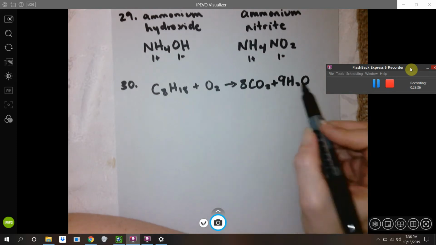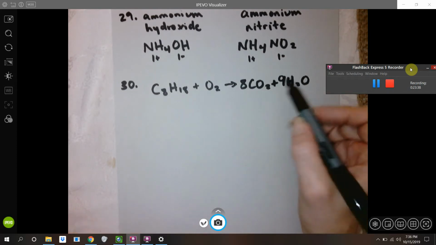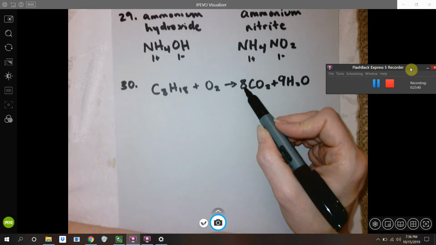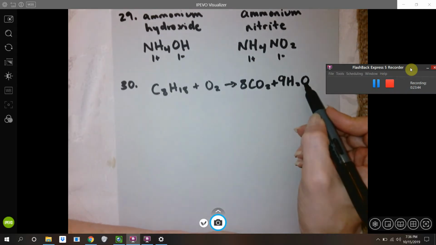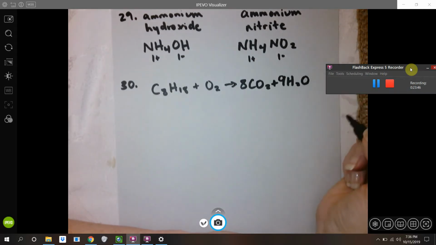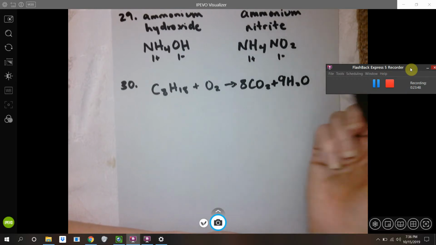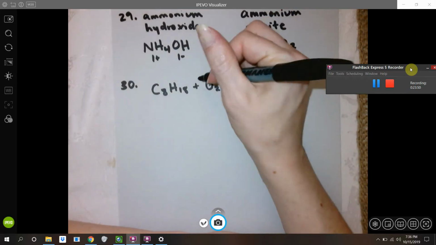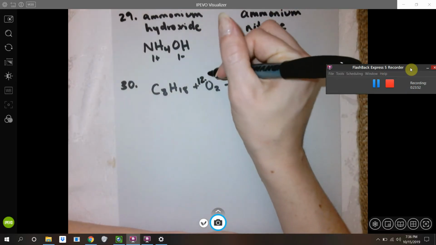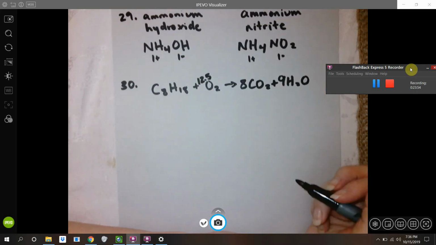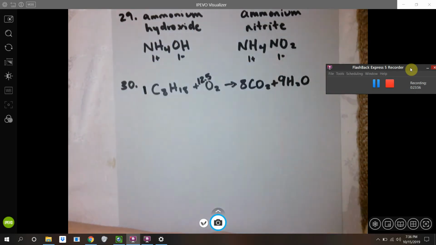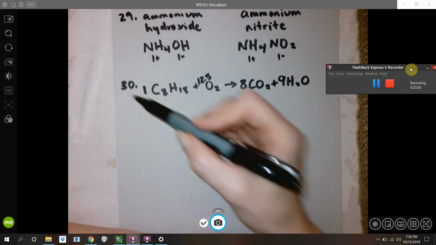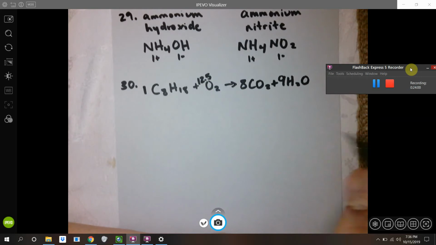For our oxygens, we now have 2 times 8 gives us 16 oxygens, plus 9 more gives us 25 oxygens. So we want to put 12.5 in there, but we can't. So we'll add a 2 in front over here just so that we can double everything easily, right?